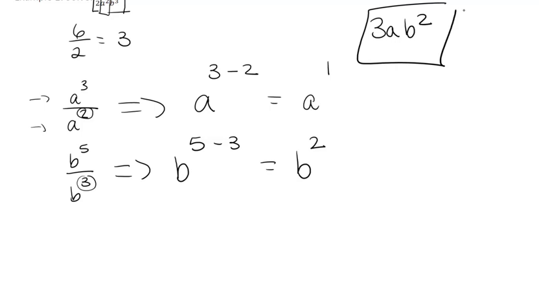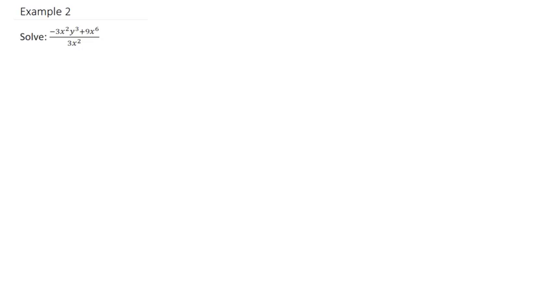Now, let's go ahead and look at another example. Example 2. Solve for the following. Here we have a binomial on the top divided by a monomial. So what we can kind of do is deconstruct this a little bit more to make it a little bit easier to solve.